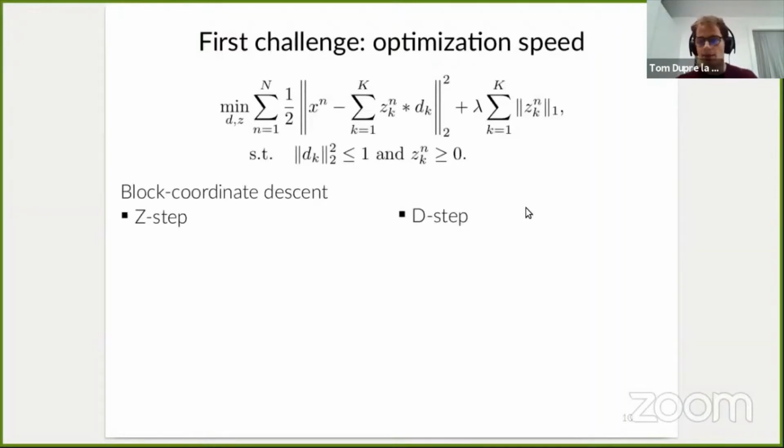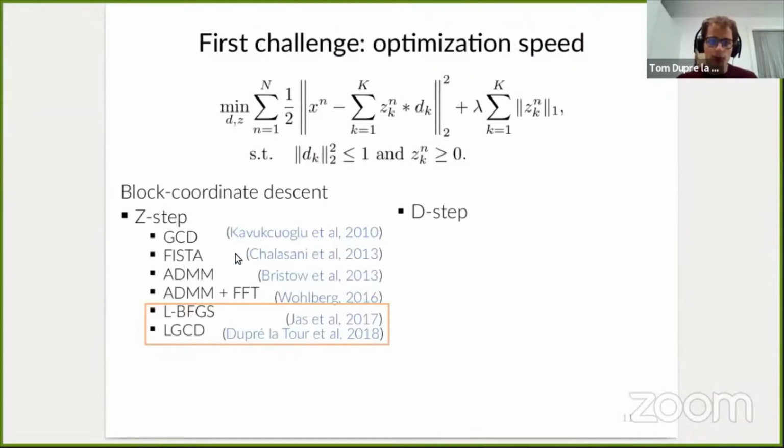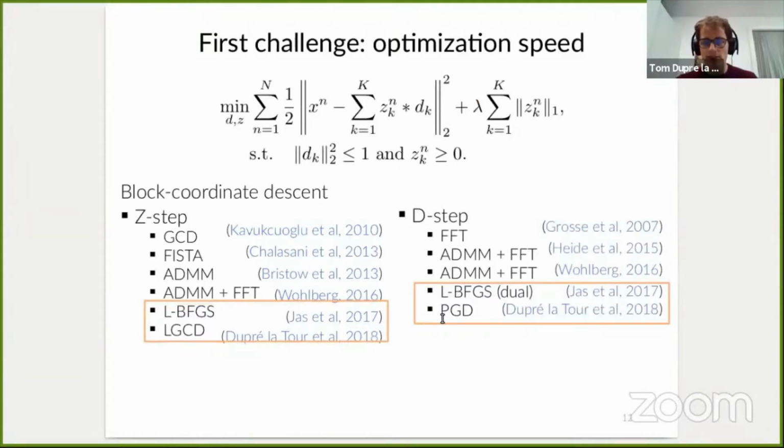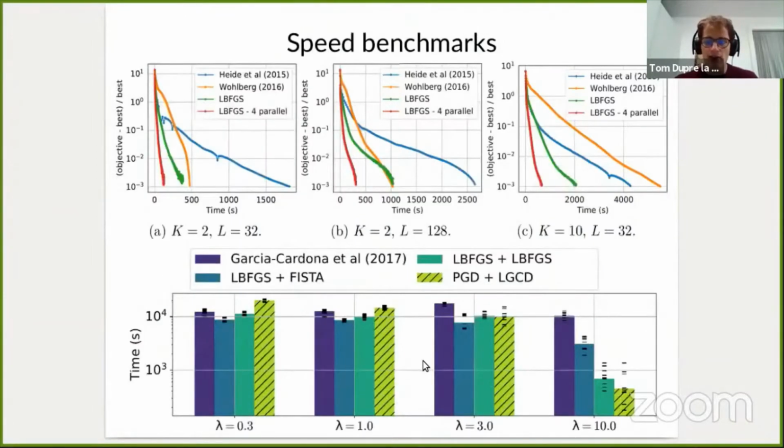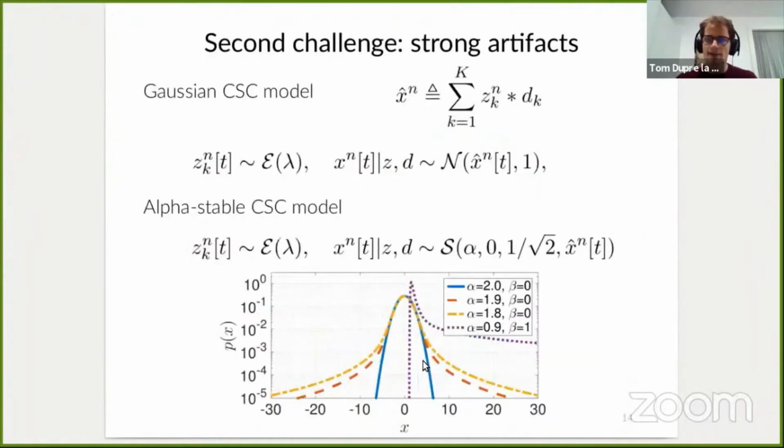Alternating between the two, we refine and solve the optimization problem. There have been a bunch of techniques to perform the Z step and the D step. We propose some different ones, and we show that we are faster in some sense. I will skip that in the interest of time, but this is just to show you that we also try to push to make the method actually usable.